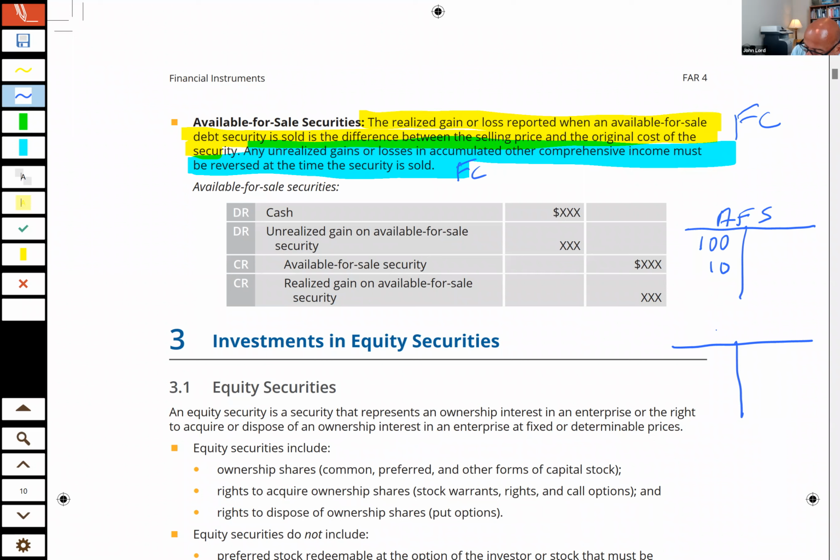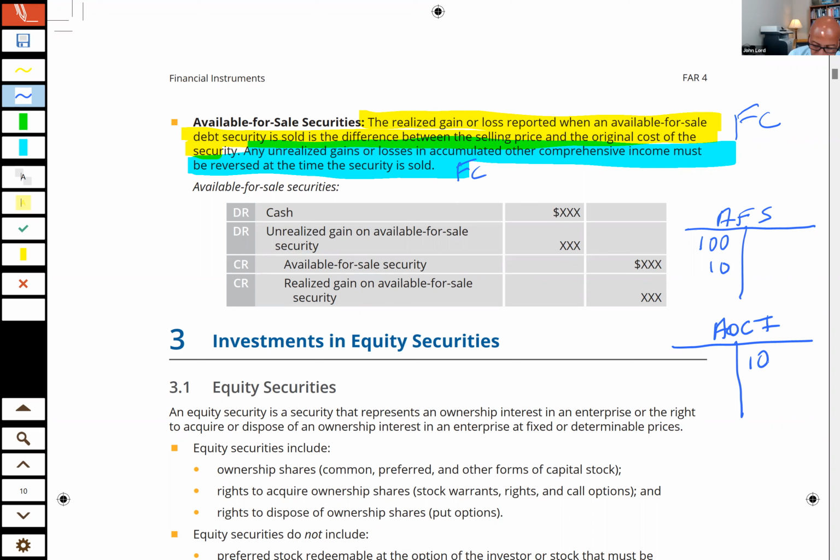So I would take my other comprehensive income and I would report gains of $10 there, wouldn't I? So in my accumulated OCI, I'd have $10 sitting there because I've written that security up year over year, right? Maybe it happens all in 1 year, whatever. It doesn't really matter how long it takes to get in there.